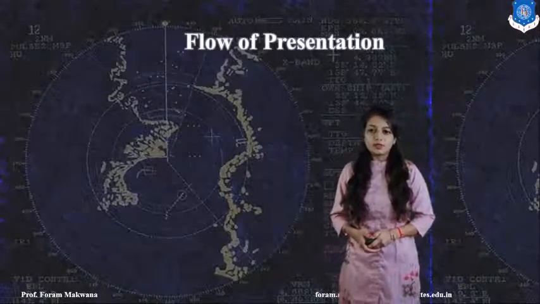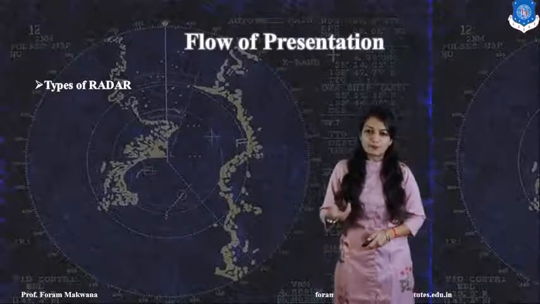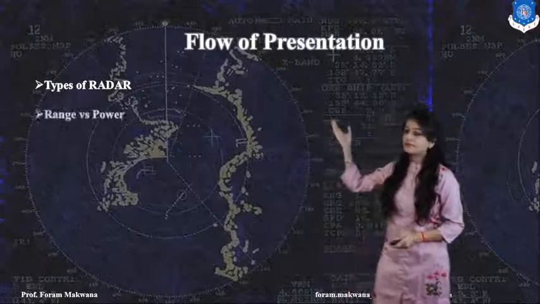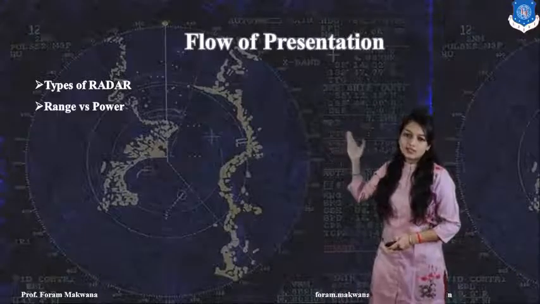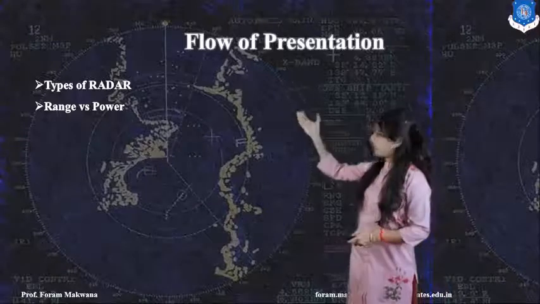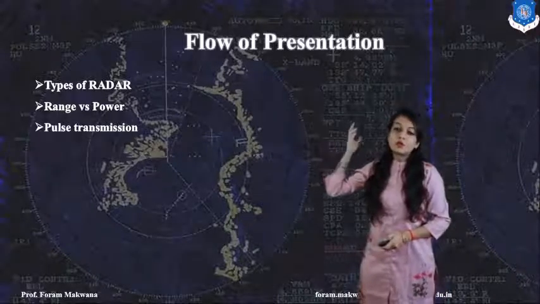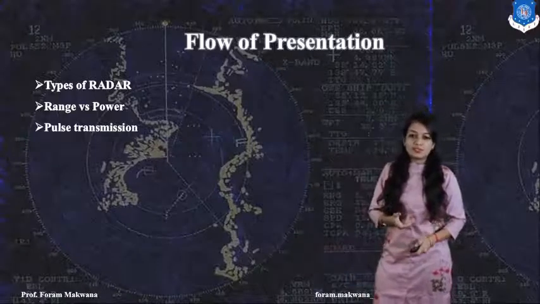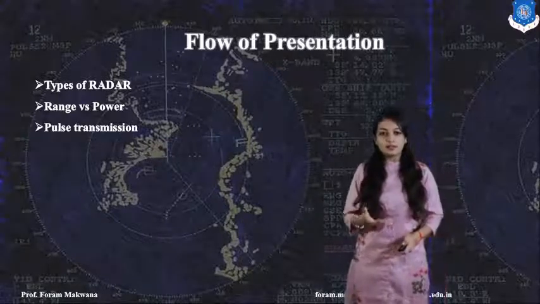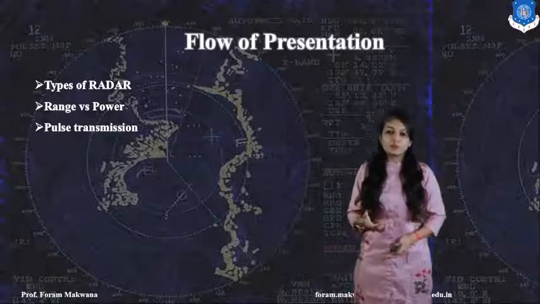So in today's session we will see, first of all, what are the types of radar? What is the relationship between the range and the power? In which form we are going to transmit the pulse, whether it is a continuous wave or in terms of pulse.